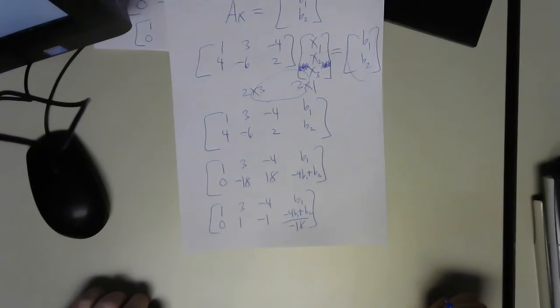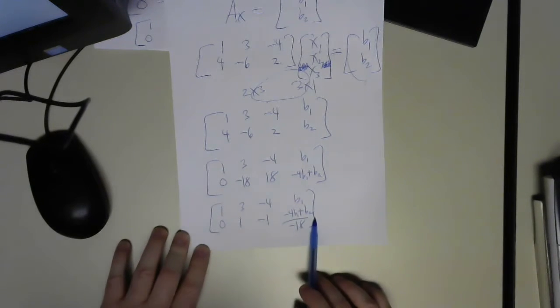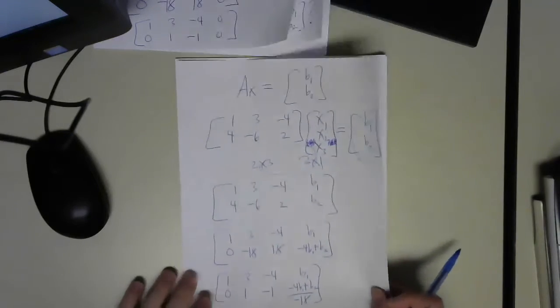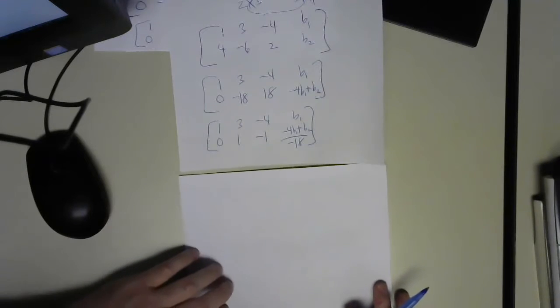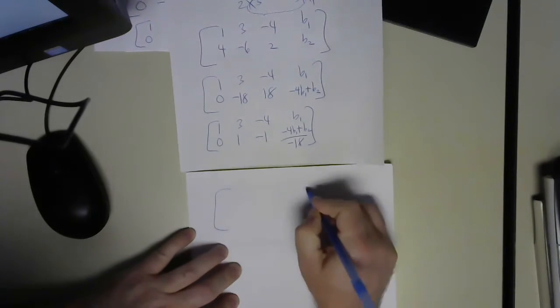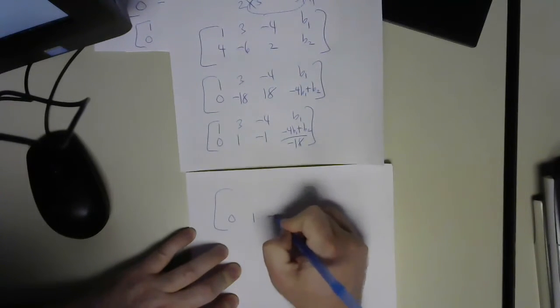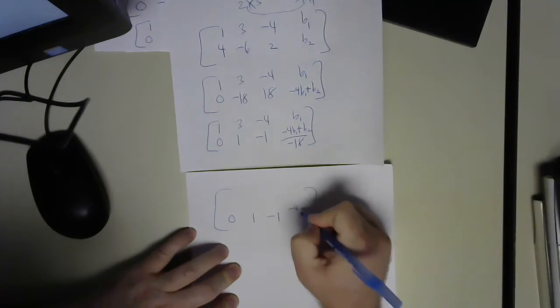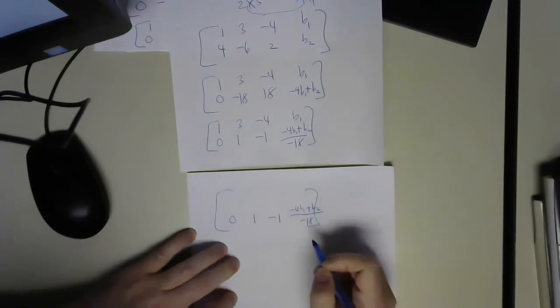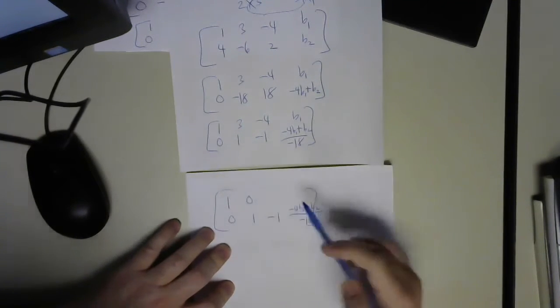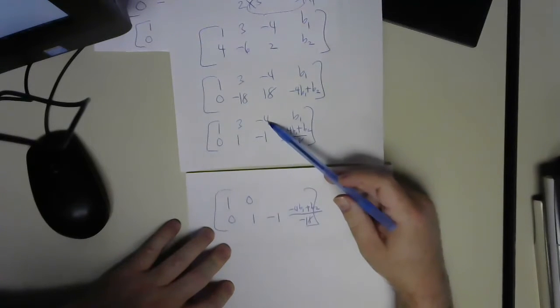Now multiply the second row by -3 and add it to the first row. So let's do that. -3 times this is 3.